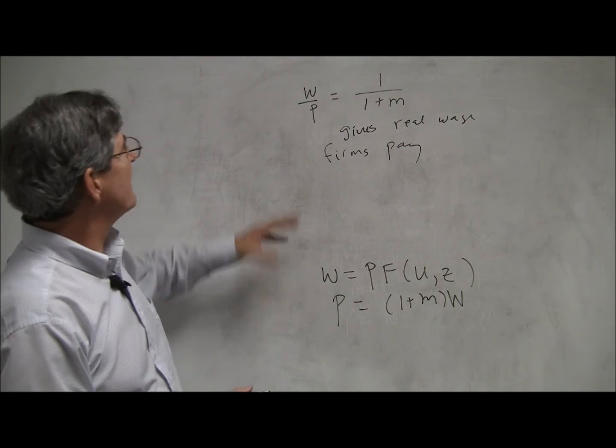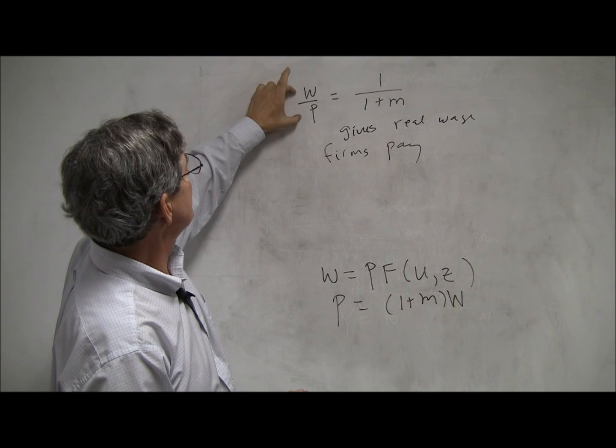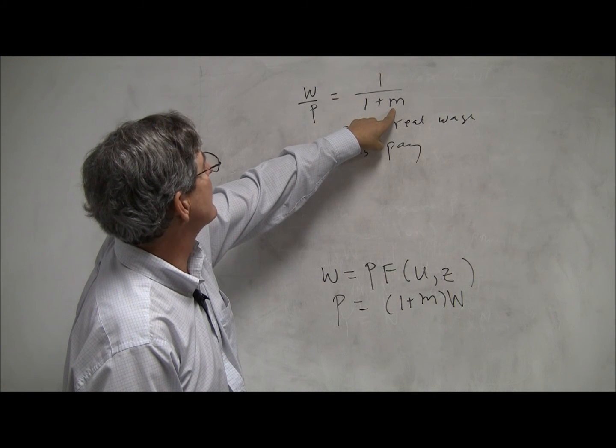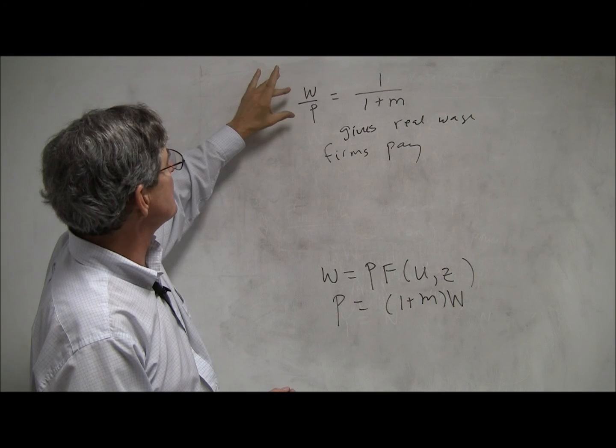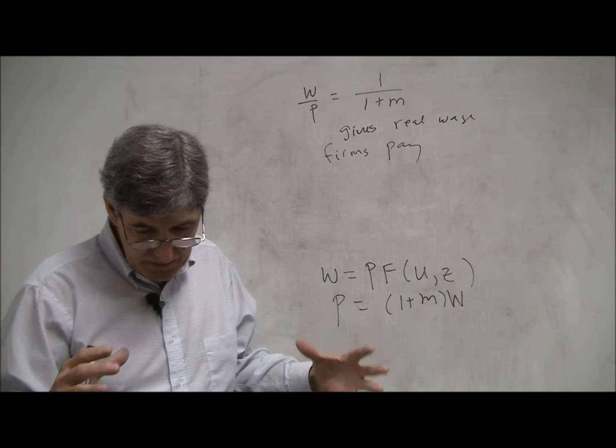This is sort of like a labor demand curve in some ways. It tells us the wage they're willing to pay depends upon the degree of market power. As market power gets bigger and bigger, this wage gets smaller and smaller. They have more market power, they can squeeze that wage down a little bit.